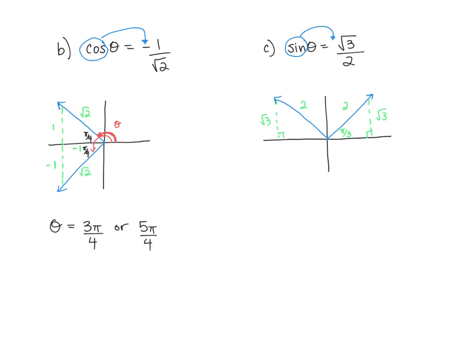So in this case, when I go to rotate to my first terminal arm, it's pretty easy to see. It's just a pi by 3 rotation. To rotate to my next terminal arm, I recognize that I am pi by 3 shy of a pi rotation. So pi minus pi by 3 will give me 2 pi by 3.